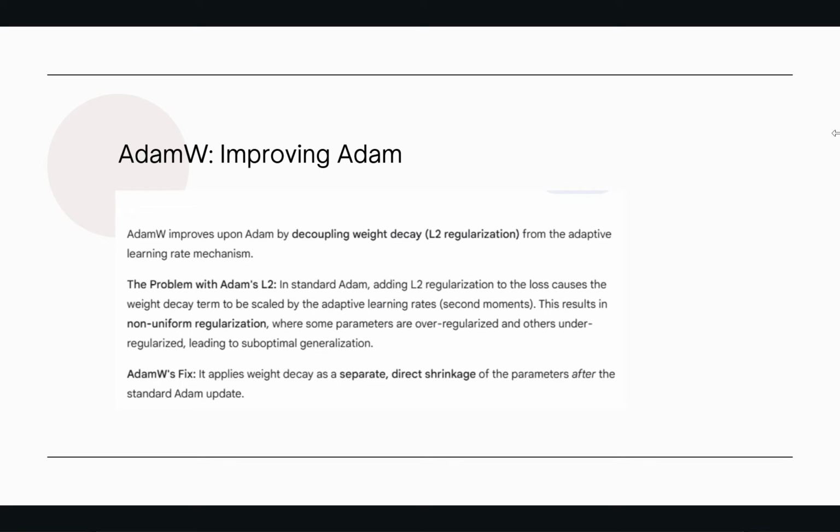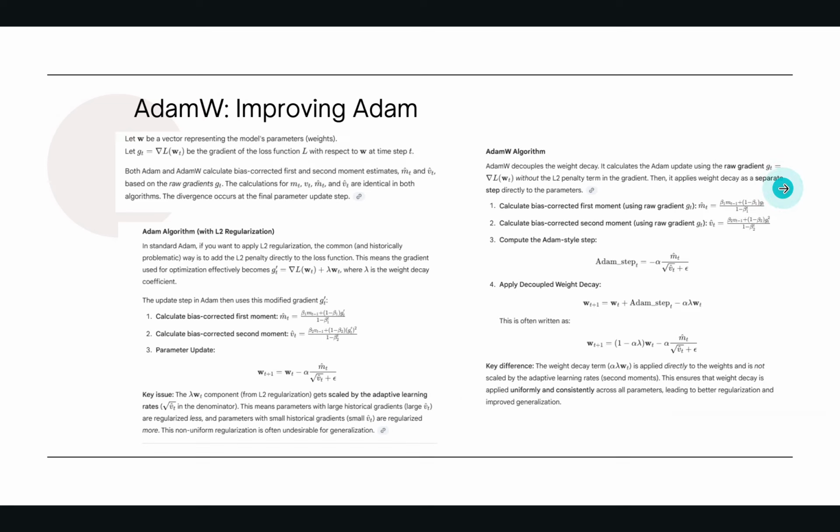So what AdamW fixes is that it applies weight decay as a separate shrinkage of parameters after the update itself. So let's look at mathematically how it is done. If you look over here, the regularization is applied directly to the gradient, right?